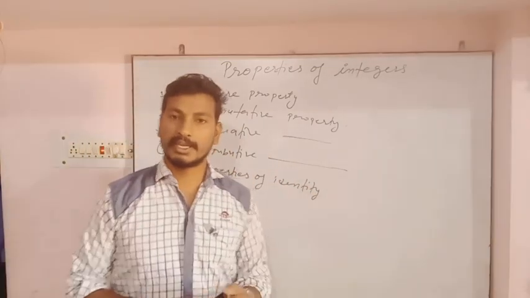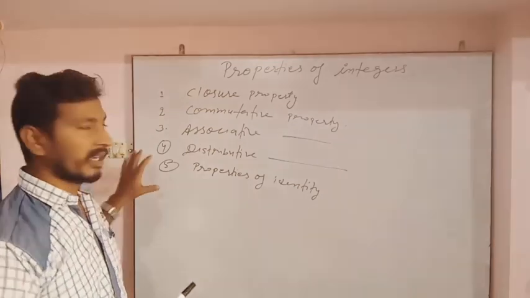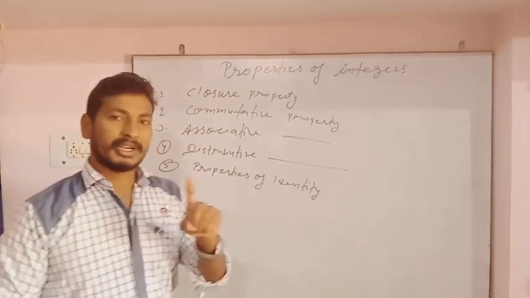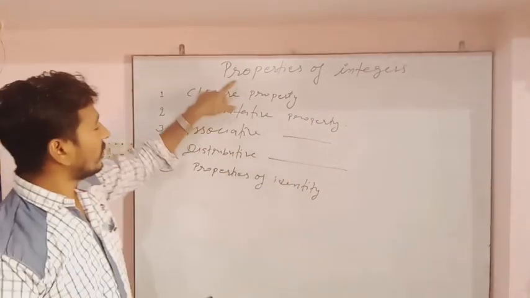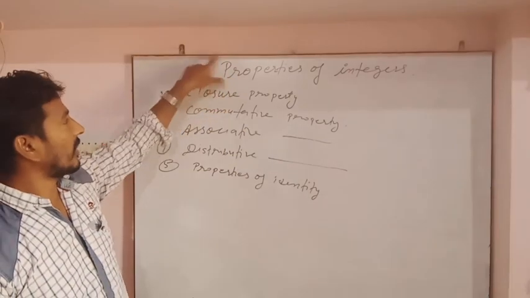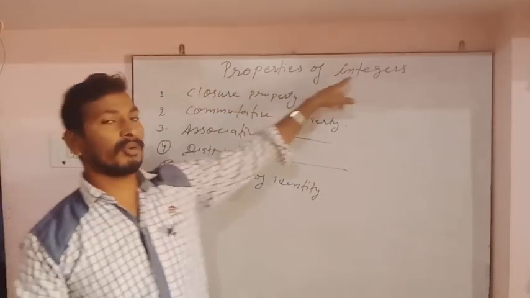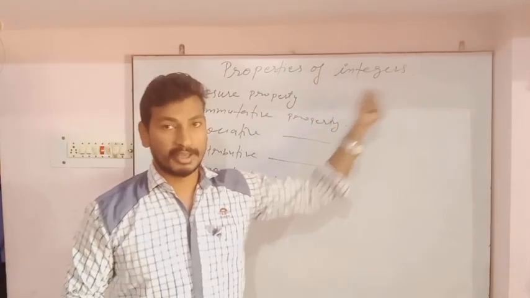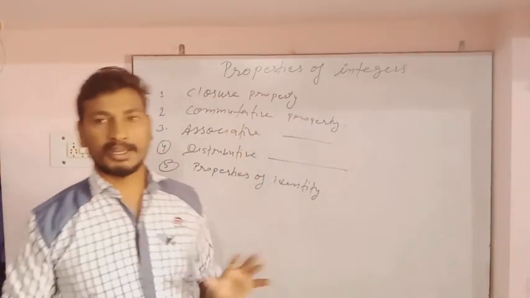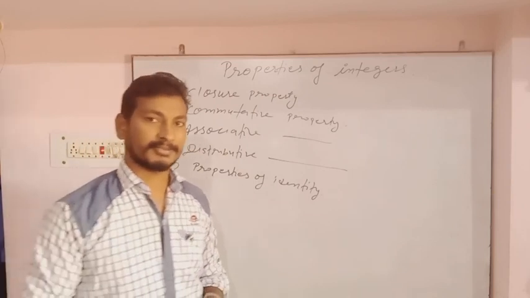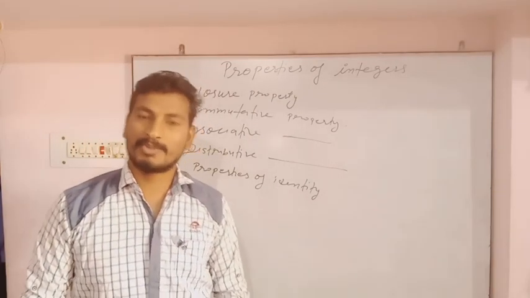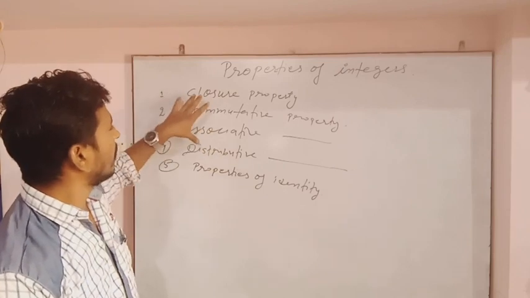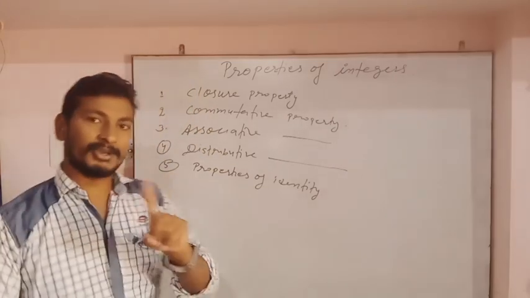Actually, we have studied all these properties in class 6 also, but there was only one change: in that chapter, in that topic, it was written properties of whole numbers. So in place of integers there was whole numbers, and now we are reading here properties of integers. For understanding these properties, we are dividing them in two groups.